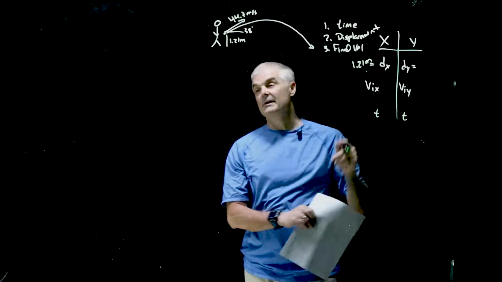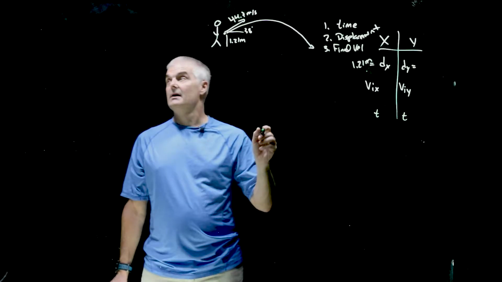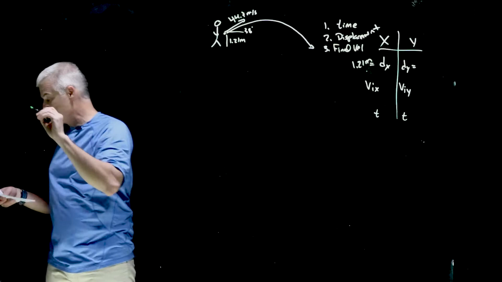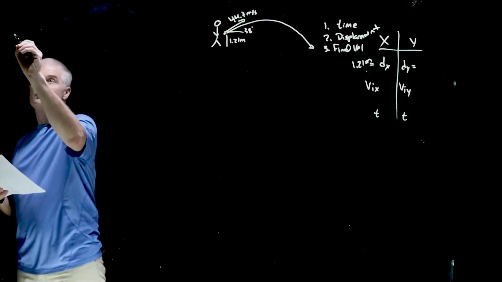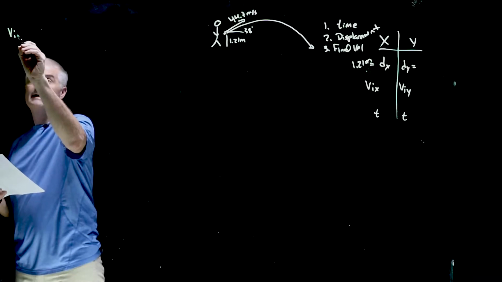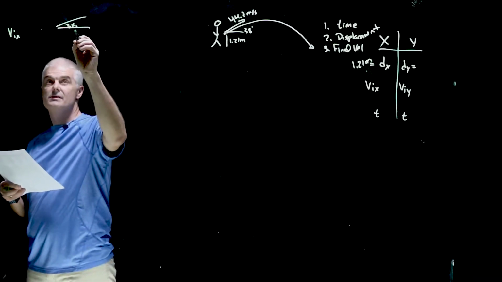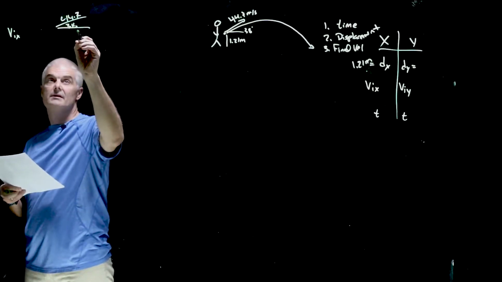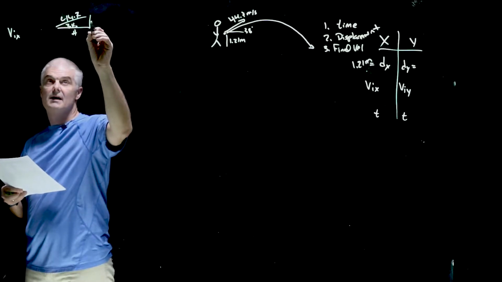So let's solve for vix and viy. This would be the sines and cosines business. The angle is 38 degrees, the hypotenuse is 44.7, vix is the adjacent, and viy is the opposite.